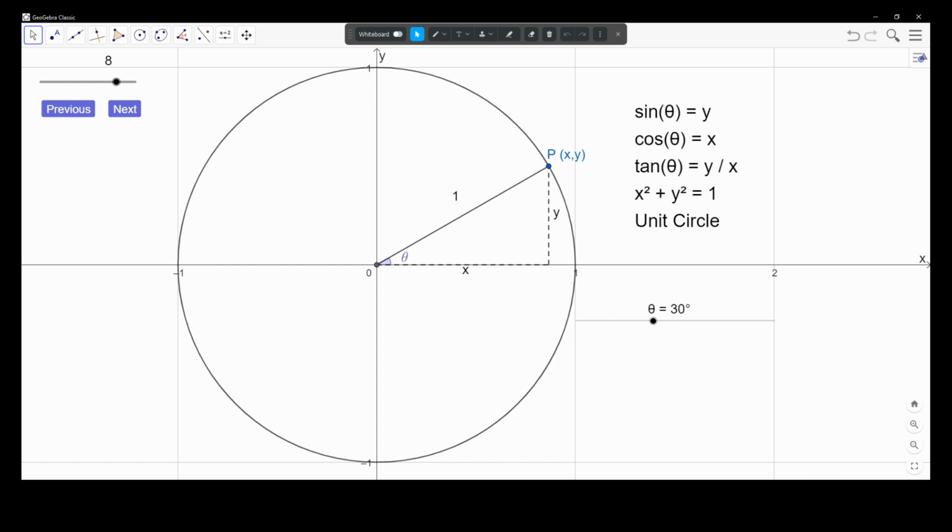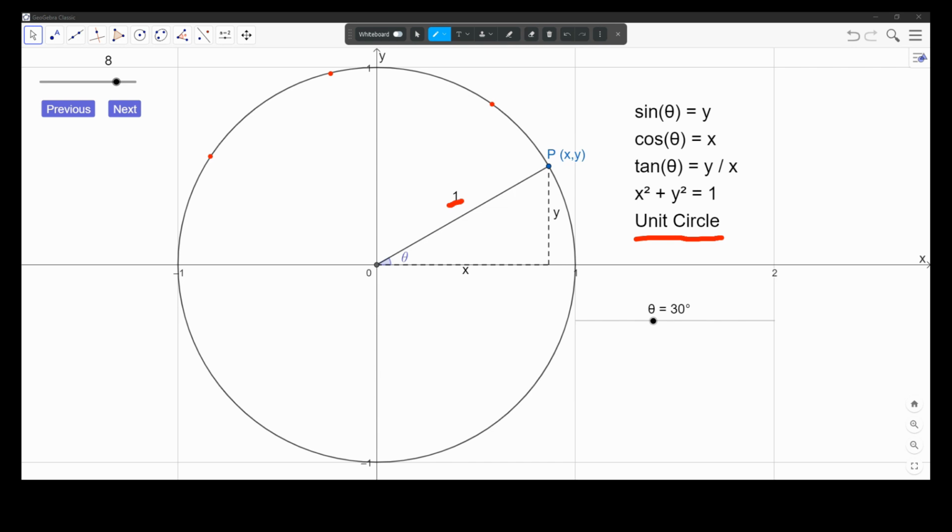So we can limit our discussion to the points which lie a distance 1 from the origin, typically. And those points describe something known as the unit circle. So every point on this circle lies a distance of 1 from the origin.